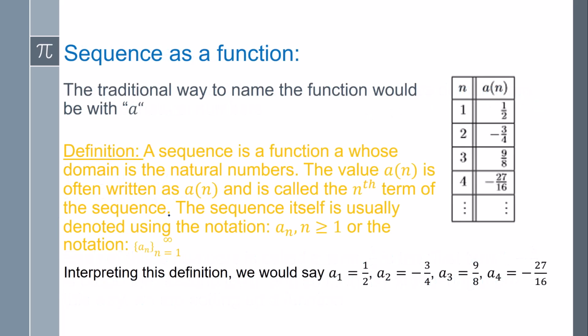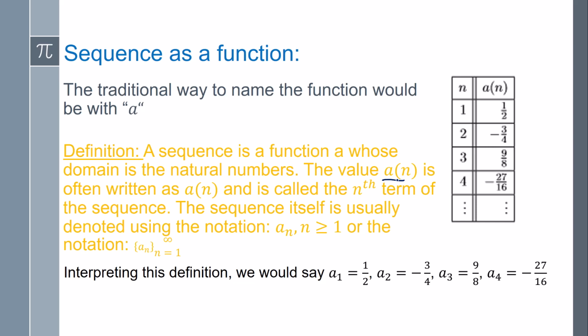Now, the traditional way for us to write this is to label it the function a. So our definition: a sequence is a function a whose domain is the natural numbers, right? So 1, 2, 3, 4, 5, 6. The value of my function at n is often written as a sub n and is called the nth term of the sequence. So the sequence could be infinite, so the nth term is the infinite term of the sequence.